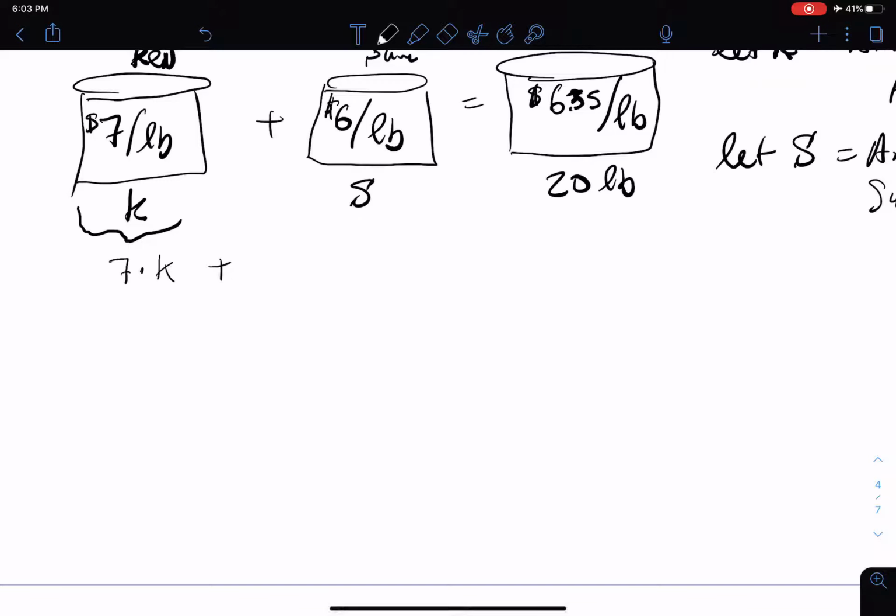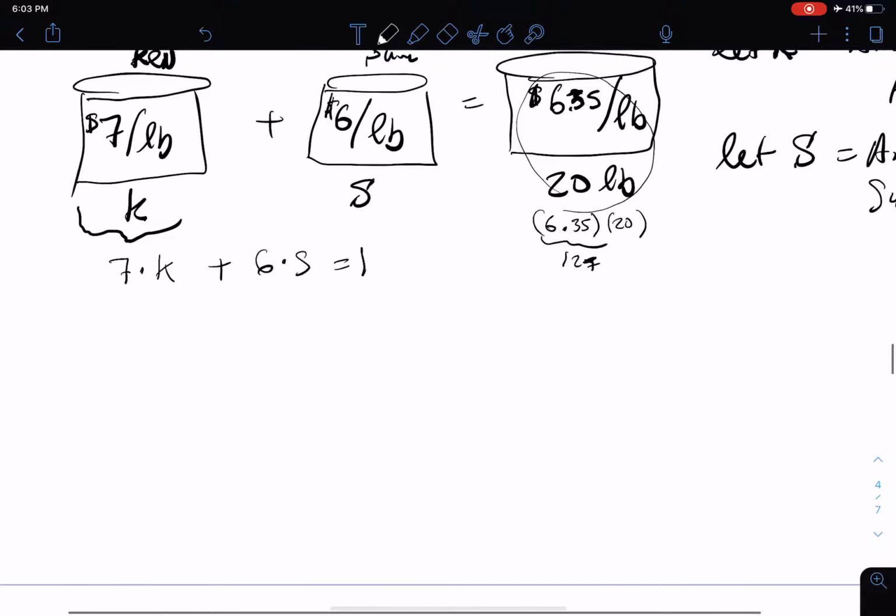And then the next one is $6, and how many pounds of that do you have? S. And then the next one is 20 pounds times $6.35. So let me write it down: $6.35 times 20 pounds. That makes 127.